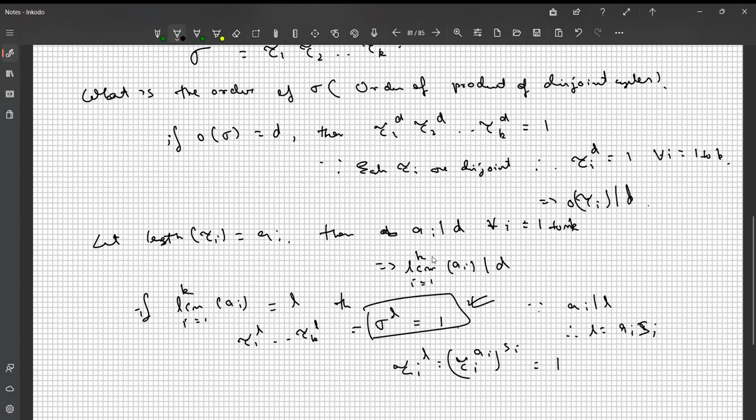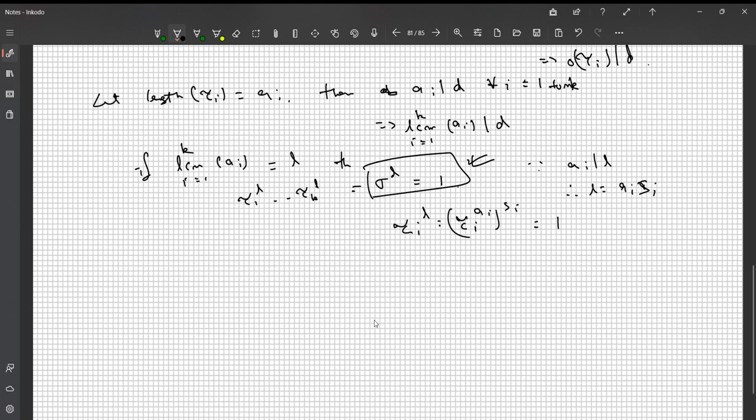So tau i to the power L is nothing but tau i to the power a_i whole to the power s_i, and tau i to the power a_i is 1. So this becomes 1. That means sigma to the power L becomes 1, and L is the least such element. So the order of sigma must be equal to L. That is, d must be equal to L. Nothing else. Clear?